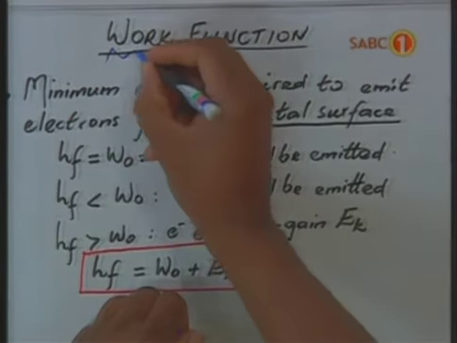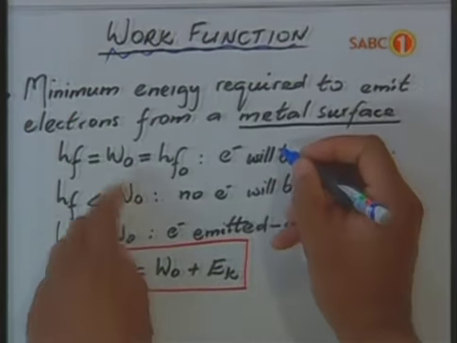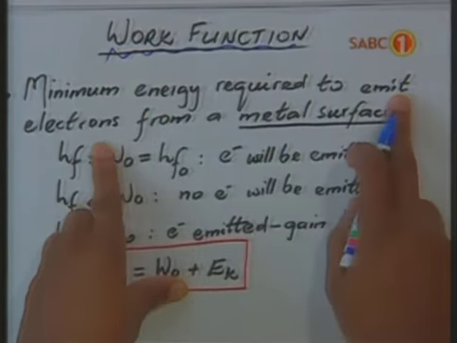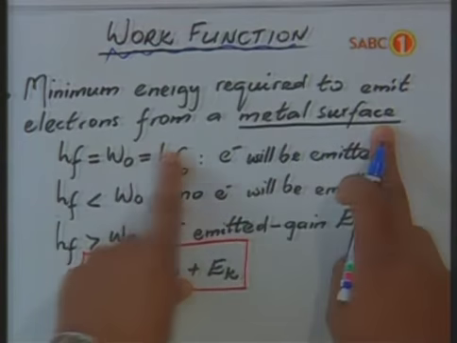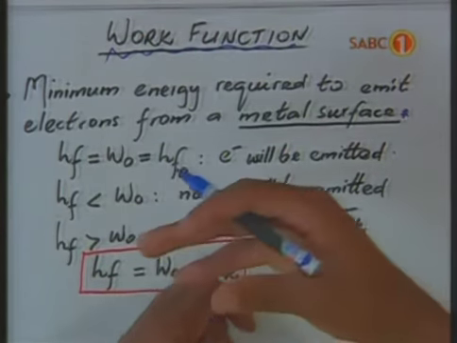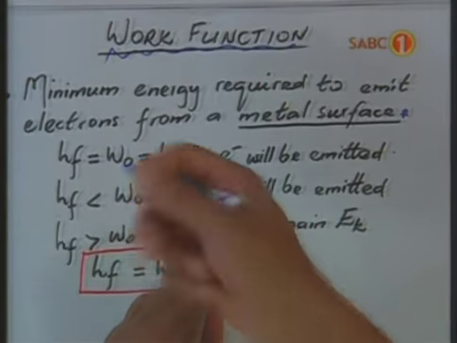Now let's move on quickly to something important that we need to talk about, and I bet it could be in the exam: work function. What is work function? We call work function the minimum energy required to emit electrons from a metal surface. So you need a specific amount of energy for a specific metal to eject an electron from that metal.